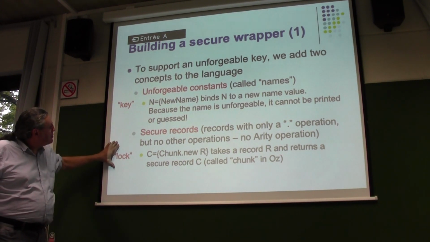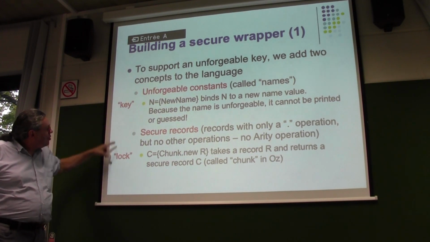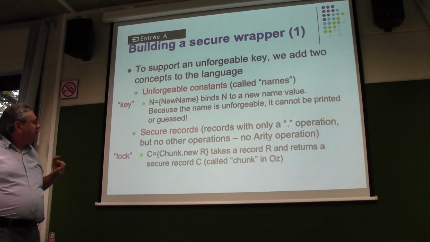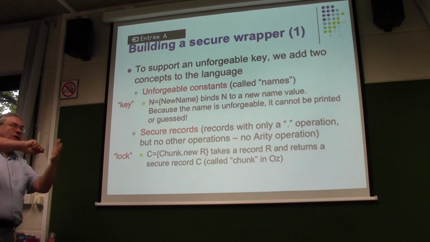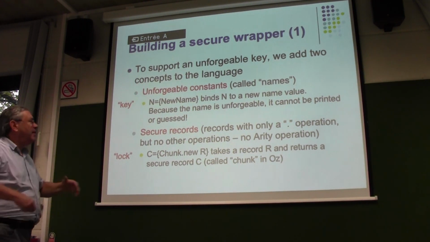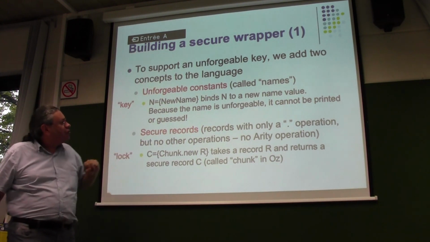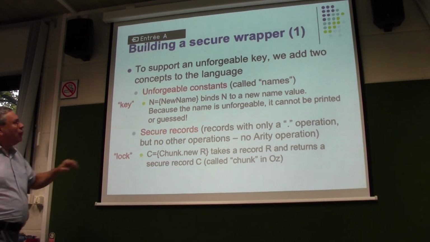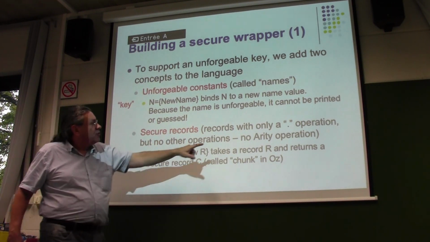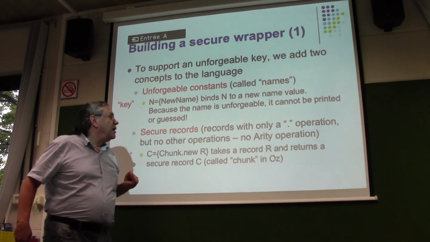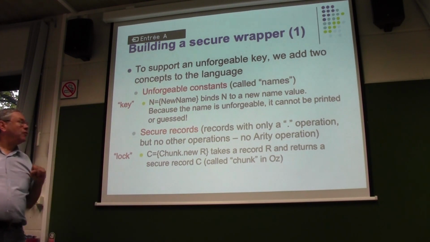And the second concept is how do you use that constant? It's like a key in a lock. If I have a key that cannot be forged, I have to have a lock. And the lock is actually a record, a secure record, that only has the dot operation to access the field. It has no other operations.